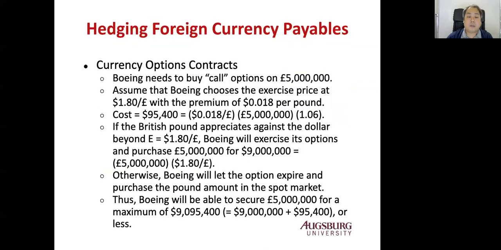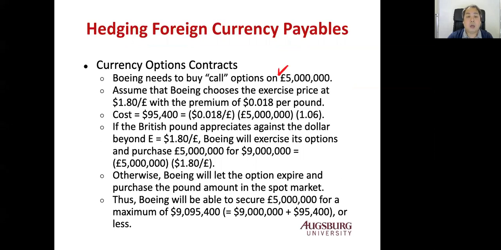What about options? For currency options, you need to buy a call option, because the payables are going to be hedged by call options. You need to buy a call option on 5 million pounds. Now assume that Boeing chooses an exercise price of $1.80 per pound with a premium of $0.018 per pound.